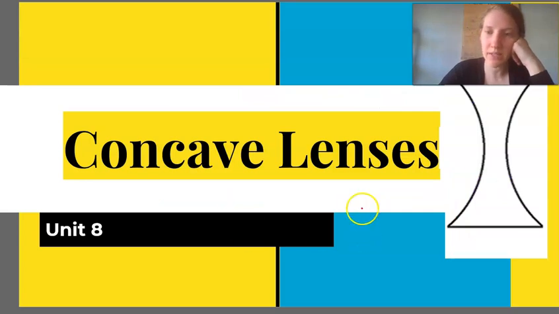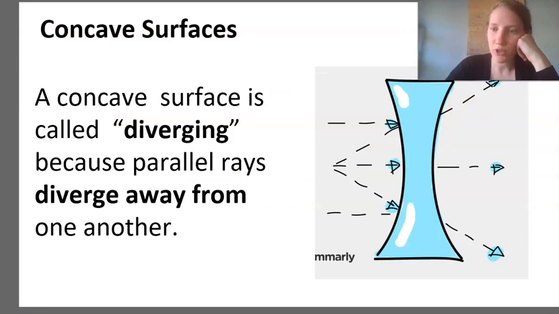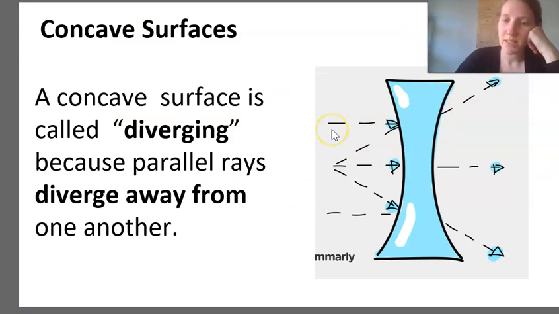All right, concave lenses. They are diverging lenses because as light is coming through, it will spread out and refract out. Concave lenses cave in, so they still have the same shape as a concave mirror.